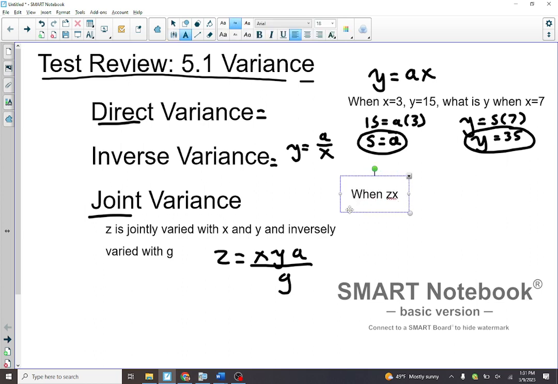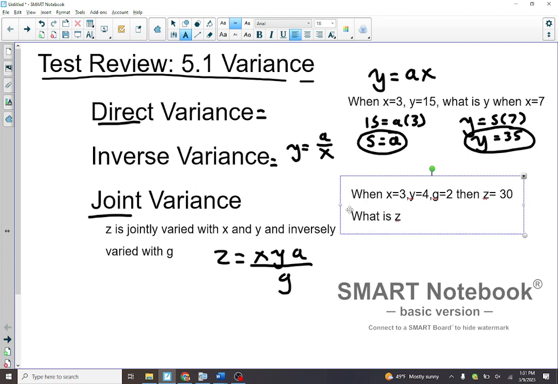When x equals 3, y equals 4, g equals 2, then z equals a number. Let's do 30 just in case.